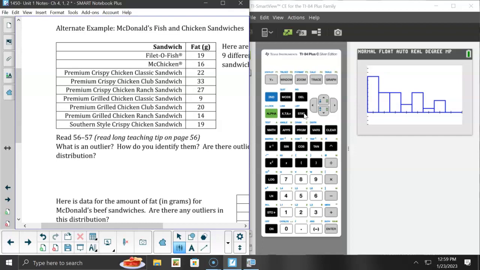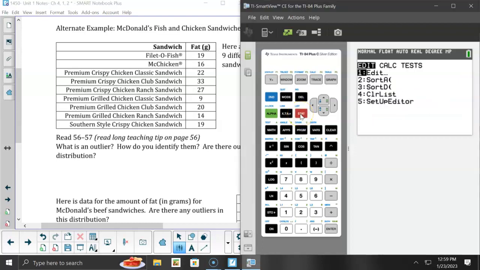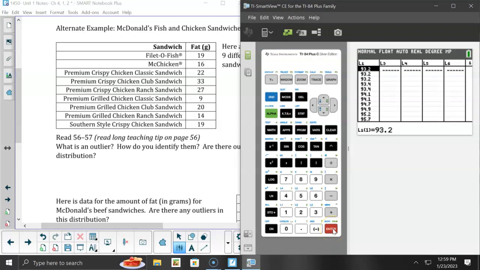How do I enter a list of data in my calculator? Stat, then edit. How do I clear out old data? Up and clear.